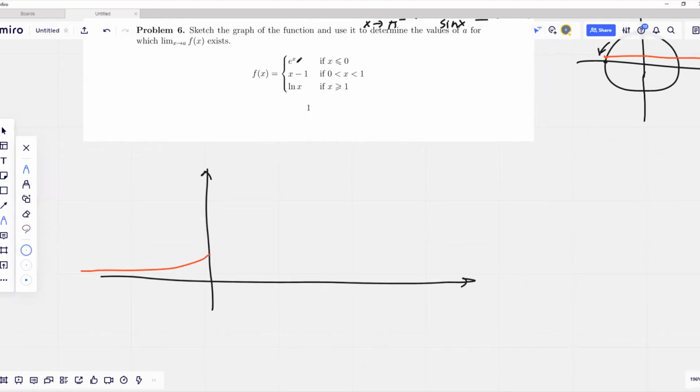When x is equal to 0, this is 1. Okay, next. When x is in the interval from 0 to 1, y is equal to x shifted down by 1. So it will look like that.